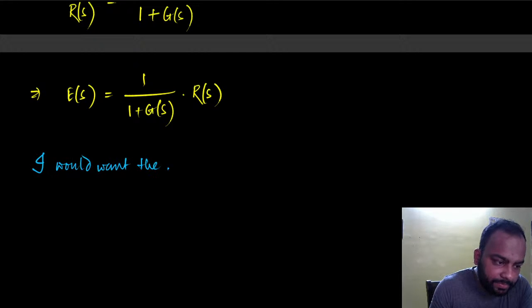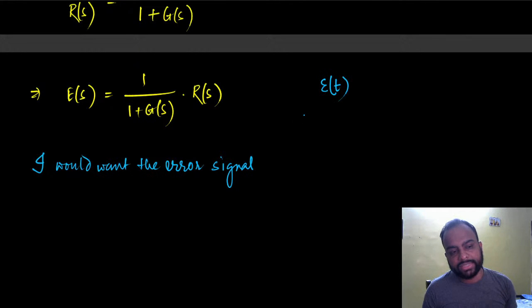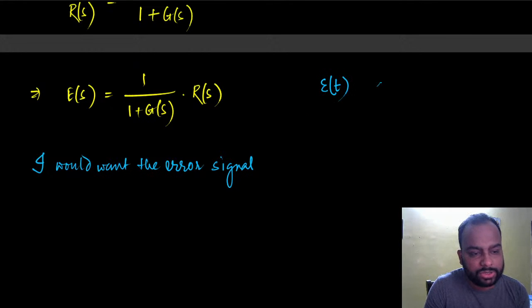the error signal. Keep in mind that the error signal is not E(s), it is e(t). Now in some books you would see this written as just e(t). I don't write e like this because this is a special character, this is the exponential.